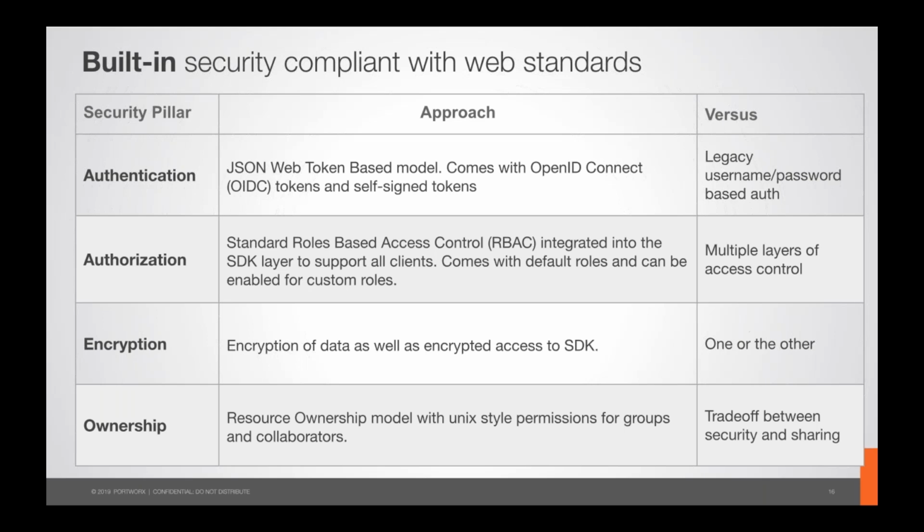Let's look at authorization. Authorization means, once I've identified who I am, what access do I have? That basically means what access do I have in terms of the SDK layer and in terms of using the right APIs when it comes to using the platform. With our authorization model, we have RBAC integrated directly into the SDK, as I mentioned, and we bring default roles, and we also enable you to create your own custom roles.